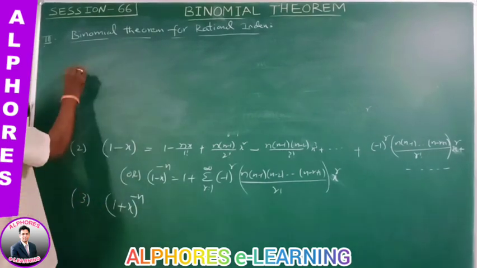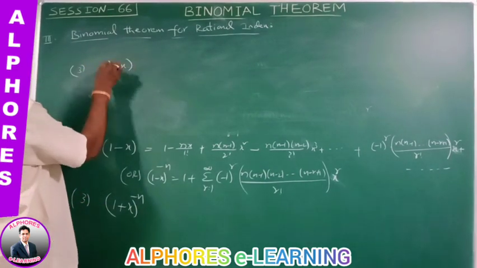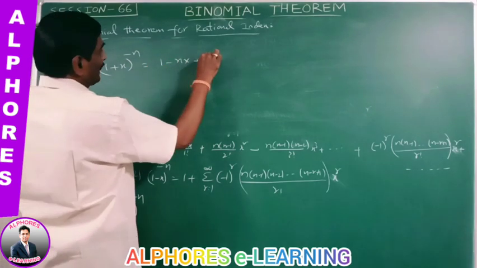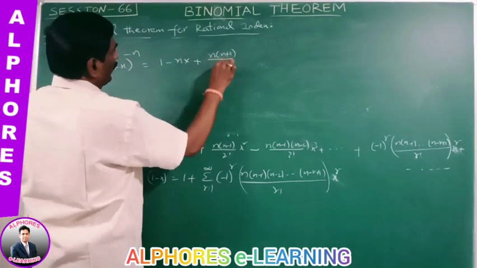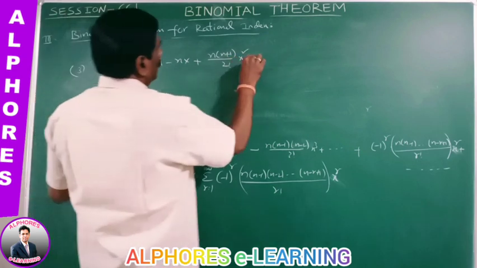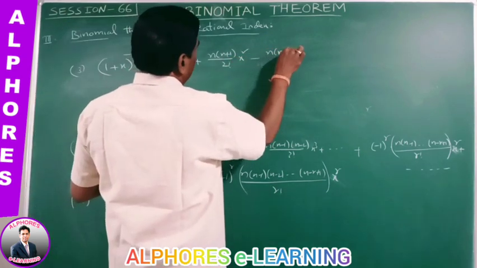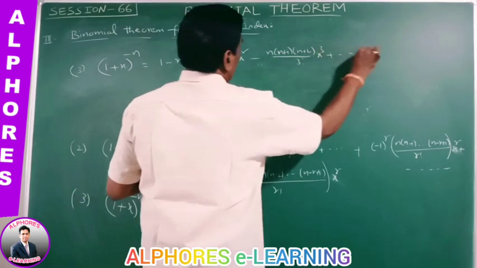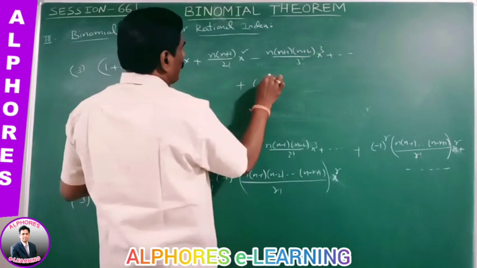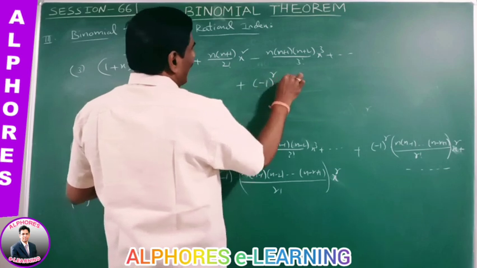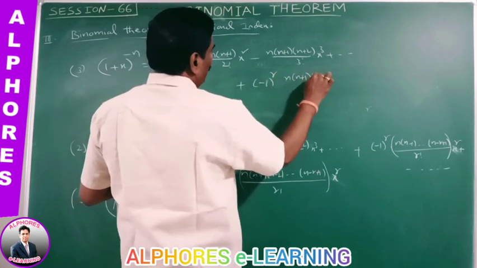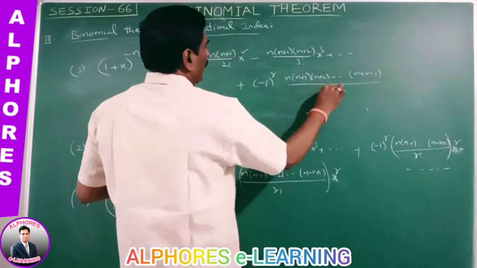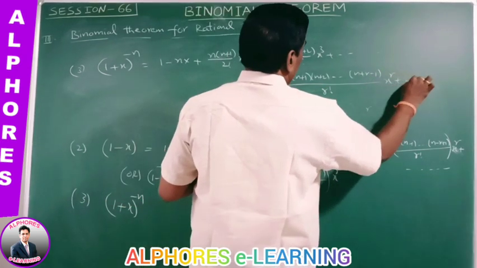The formula for 1 plus x whole power minus n is 1 minus nx plus n into n plus 1 by 2 factorial into x square minus n into n plus 1 into n plus 2 by 3 factorial into x cube plus so on, minus 1 whole power r into n into n plus 1 into n plus 2 into so on n plus r minus 1 by r factorial into x power r plus so on to infinity.